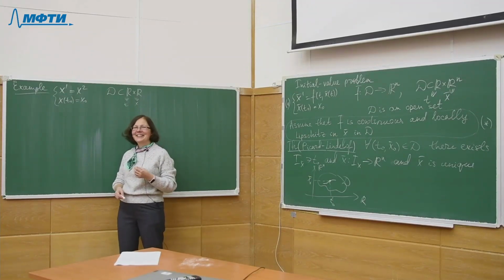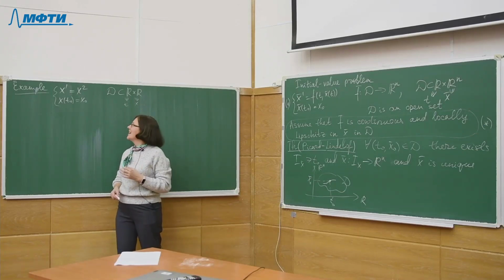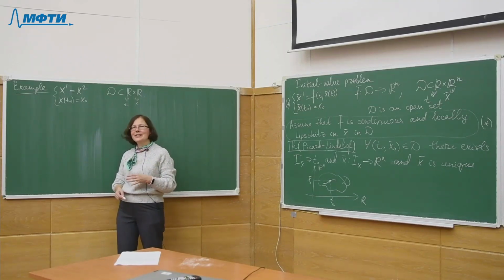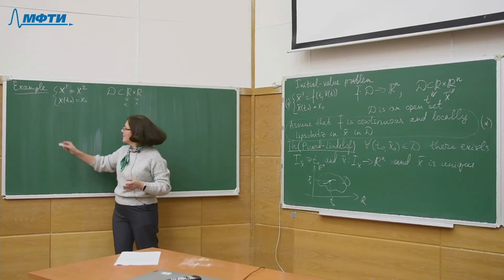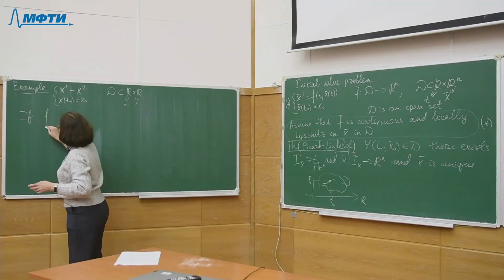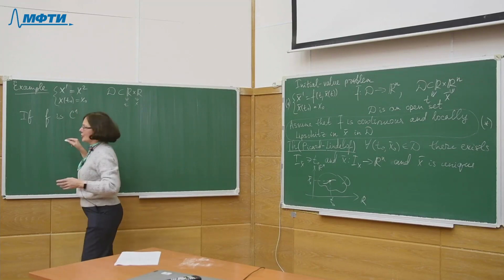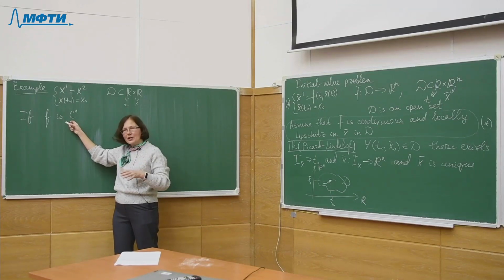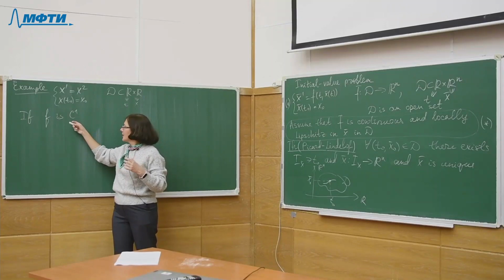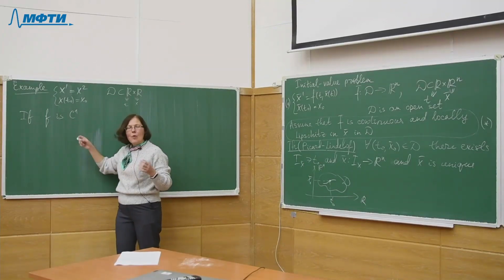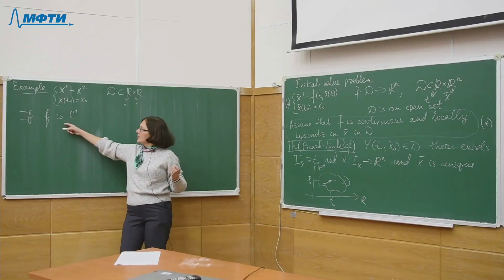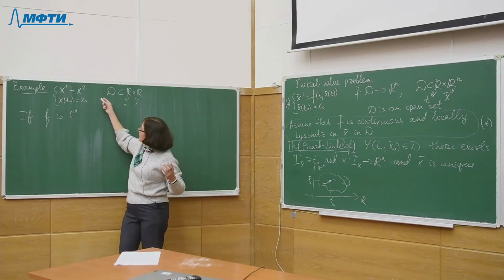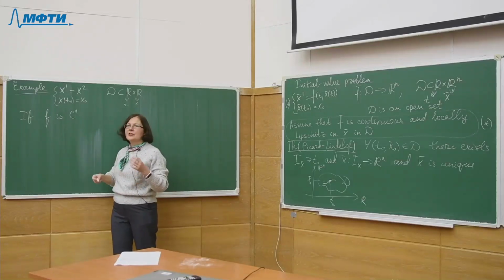Okay, how to check this? We have discussed in the preceding lecture that if f is a C1 function, this means that it is differentiable and has a continuous derivative, or continuous partial derivatives if it is n-dimensional, but now it is one-dimensional, so it must have a continuous derivative.